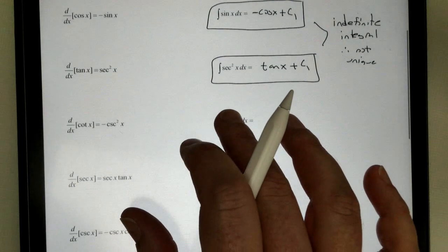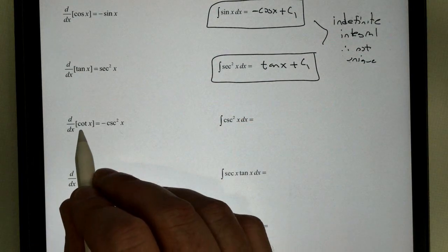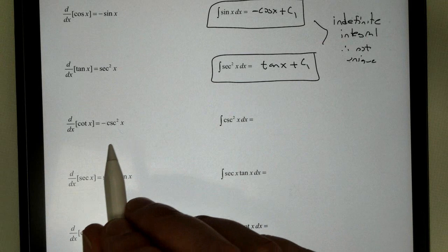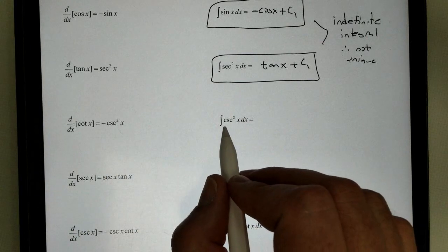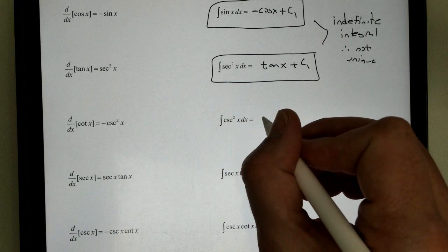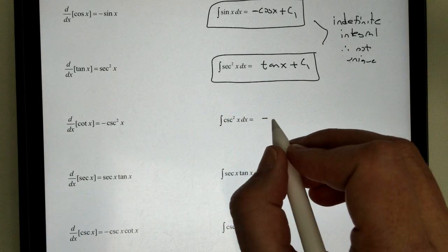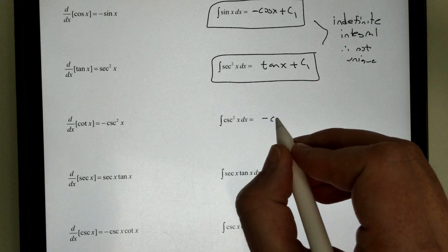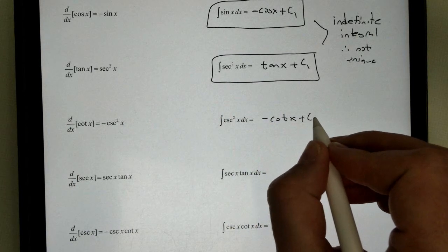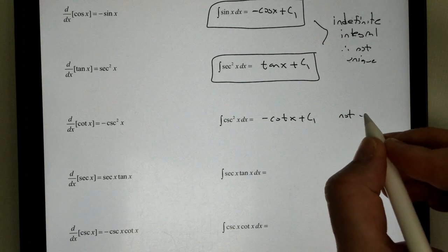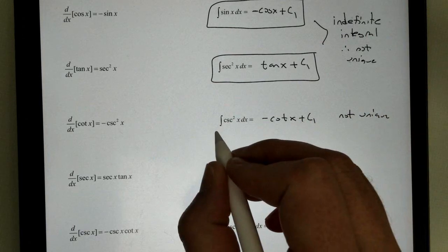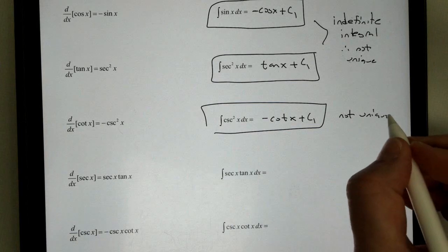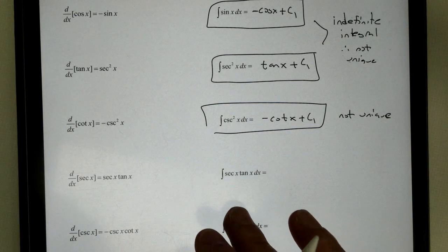So let's keep going. The derivative of cotangent is negative cosecant squared. So if I want to find the antiderivative of cosecant squared, be careful. We're going to take the negative and put it over here. This becomes negative cotangent of x plus c1. And again, this is not unique because of that plus c. That plus c means it can be anything.